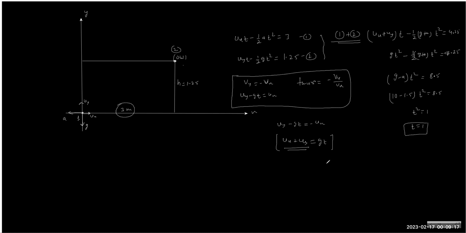Every piece of information should have been written, and then you have to figure out what we can do to get the answer. Even this is not required, but just to show that in relative motion you can fix 1 point and then just write the motion of only 1 point. You're not supposed to think of the motion of 2 points, only 1 point. That is sufficient. So that is the answer. Is this clear?